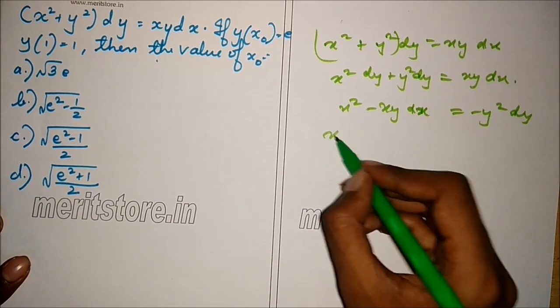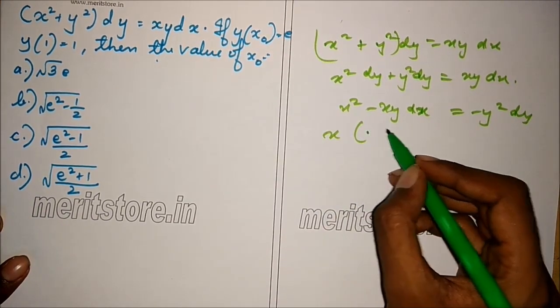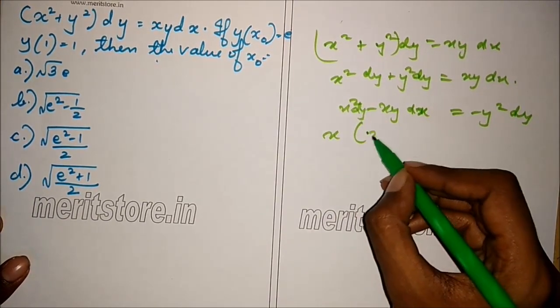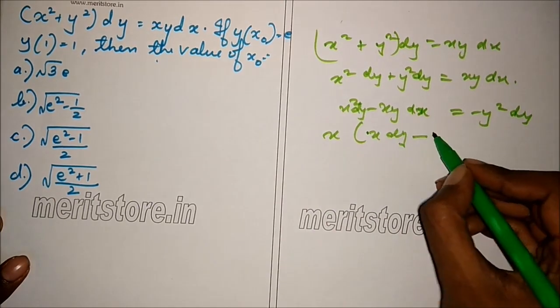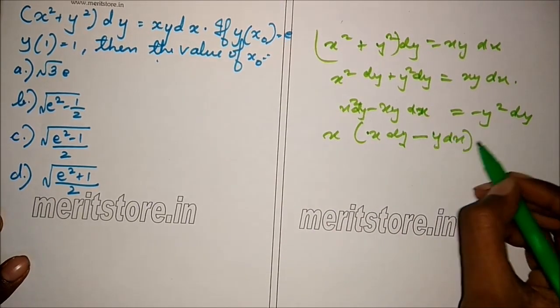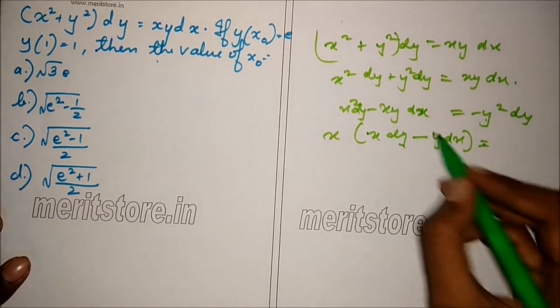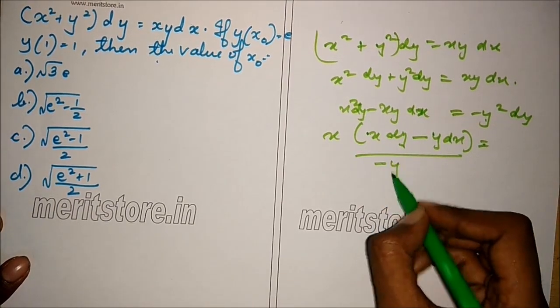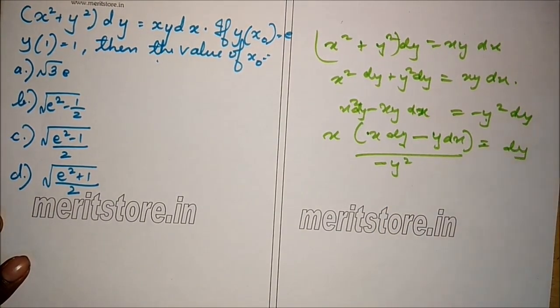Taking x common, we get x into x dy minus y dx, and bringing this to LHS, we get minus y square. This is equal to dy.